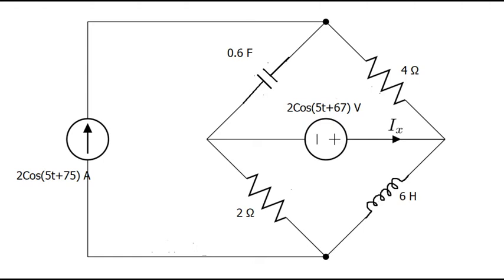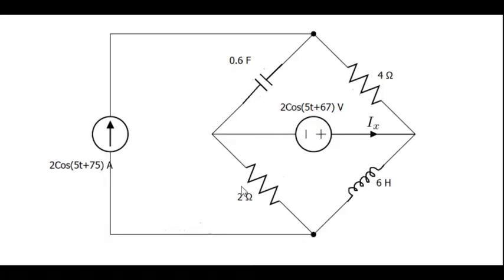Firstly, you can choose whether to ignore the current source first or the voltage source first. For this example, I chose to ignore the current source first. As you can see here, you can just cross out the current source. It will become an open circuit. So you can see here terminal 21, and the voltage source is still there.